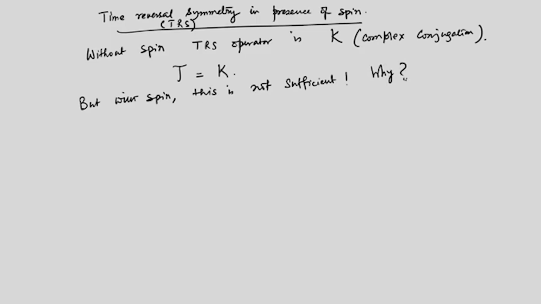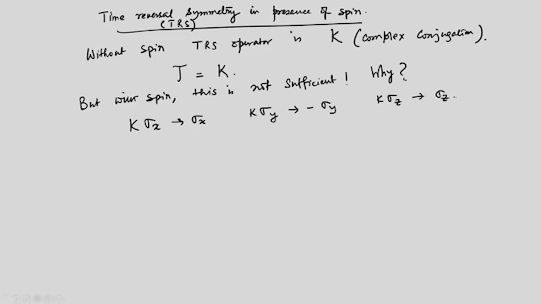The reason is that this complex conjugation operator will act on sigma x, let me write it with just K acting on sigma x will give sigma x, it will not change its sign. K acting on sigma y will give you a minus sigma y because sigma y is complex, and K acting on sigma z will give you a sigma z without changing its sign.